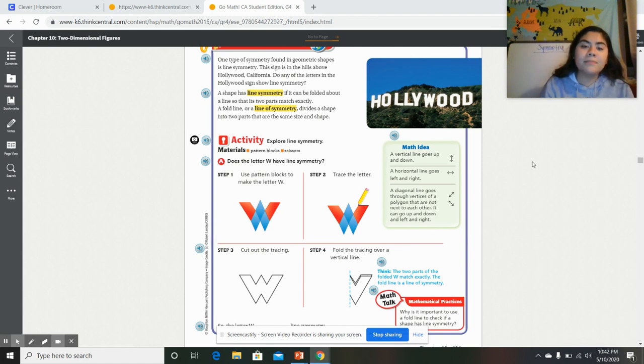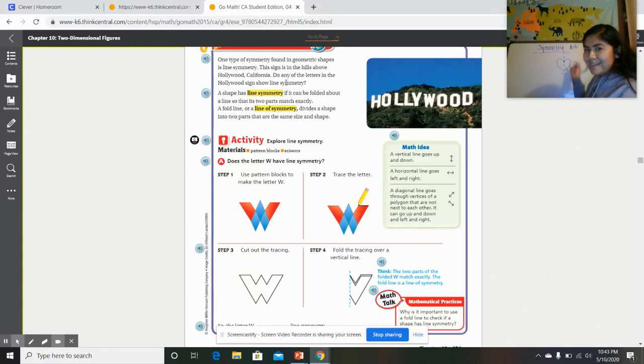So if you look here in your book at this spot right here, it says a shape has line symmetry if it can be folded about a line so that it has two parts that match exactly. So the whole point of symmetry is that if you had a shape, any shape, let's even say like a heart, and you drew a line down that heart like this way, then it's saying that you could fold that heart, let's say here on this line, and that these two sides would match up.